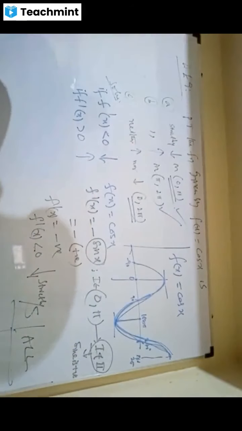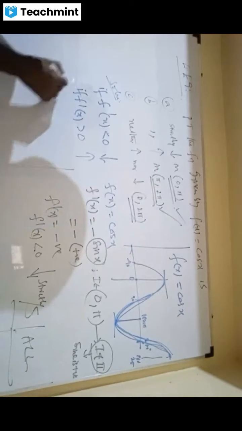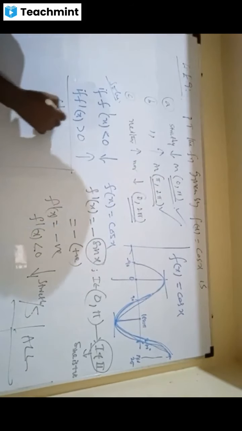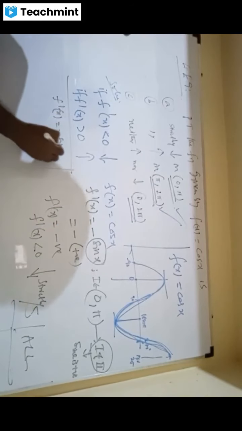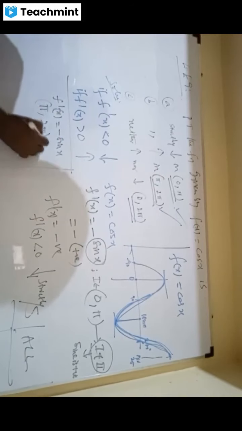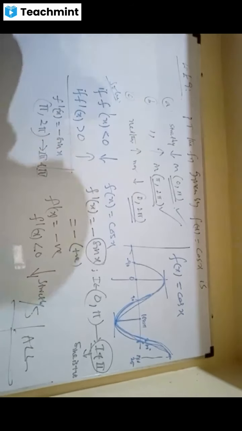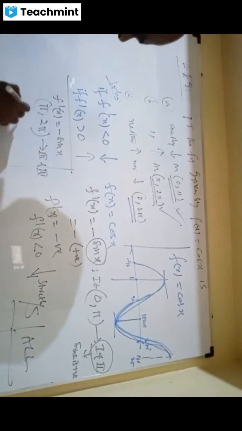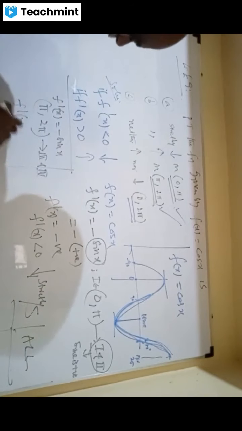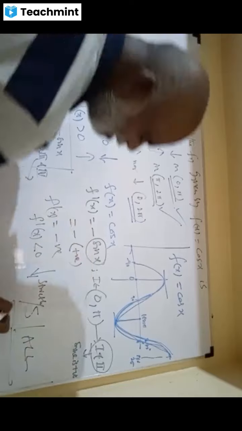Am I clear? Now, friends, coming to pi to 2 pi. Pi to 2 pi, again f dash x equals minus sin x. The interval is pi to 2 pi and it spreads over the third and fourth quadrant. In the third and fourth quadrant, sin x is negative.